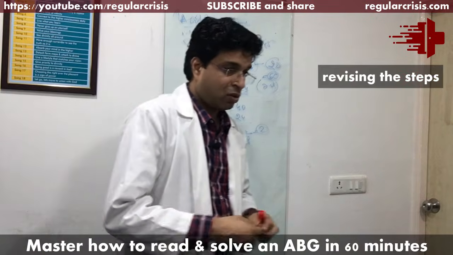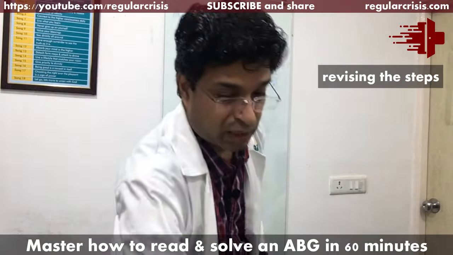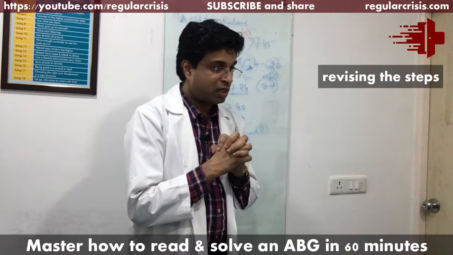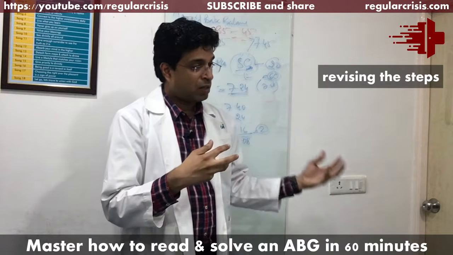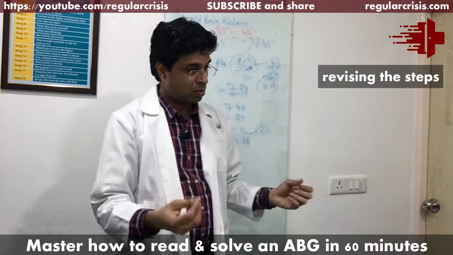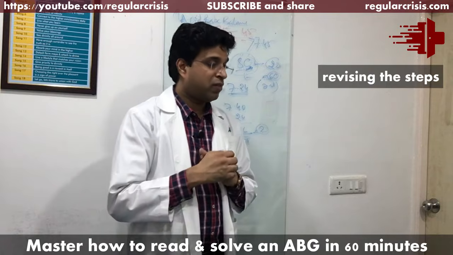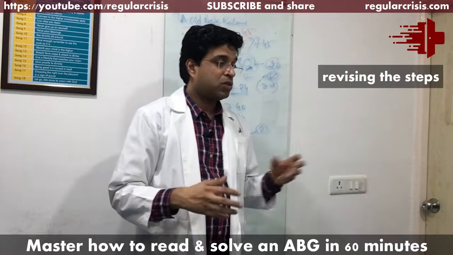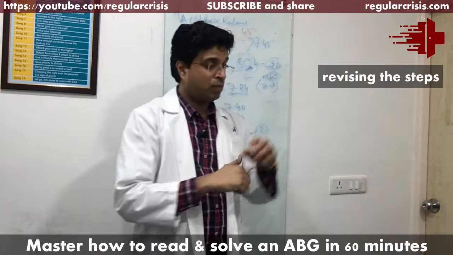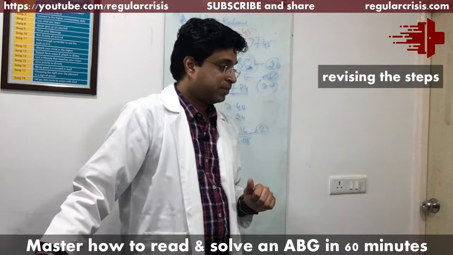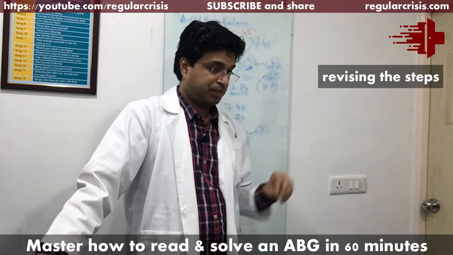So this was the whole class. In this we have seen how to assess oxygen status, whether the patient has hypoxemia, and mild, moderate or severe hypoxemia. Then we have seen the PF ratio, then how much the PO2 should be based on your FiO2 levels, then the alveolar arterial gradient, then work of breathing.